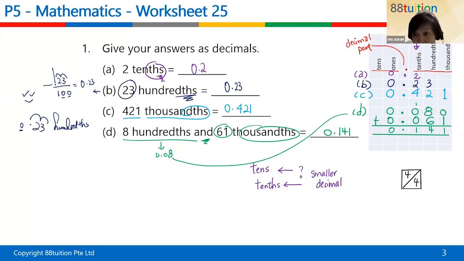Okay. We have 9, 1, 2, 3, 4, 5, 6, 7, 8, 9. I should have 9. Oh, okay.